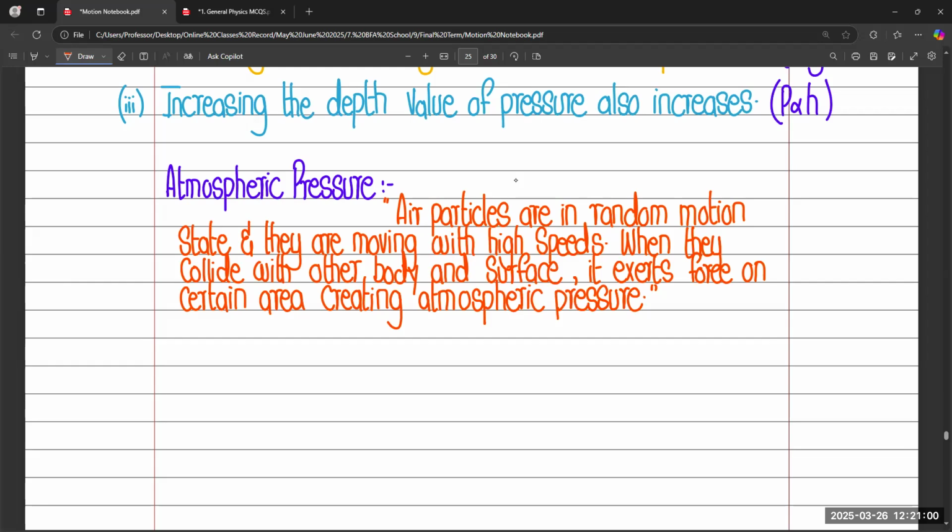Right? This is the concept of atmospheric pressure, very easy. In simple words, it is the pressure exerted by the air particles in the surrounding we have.